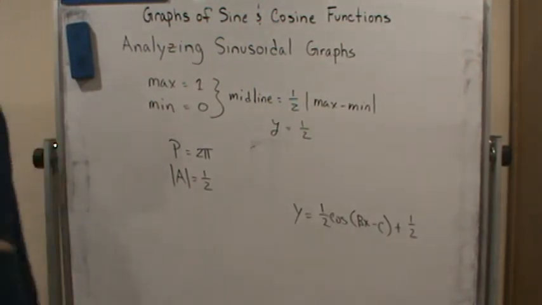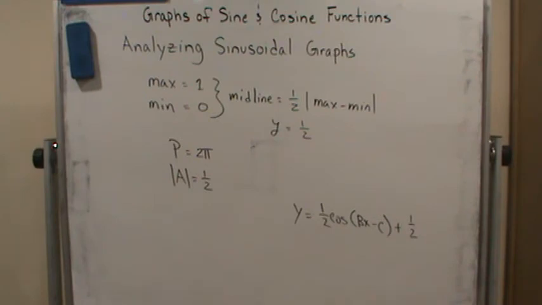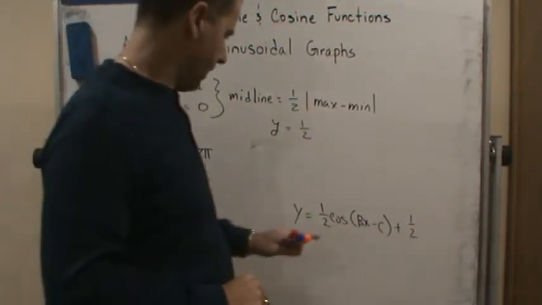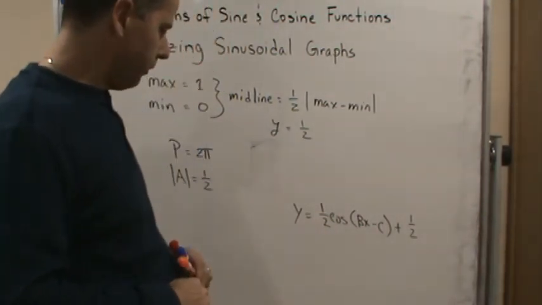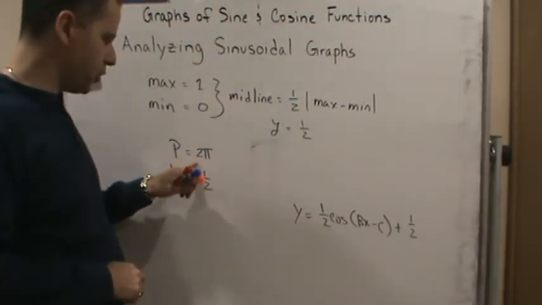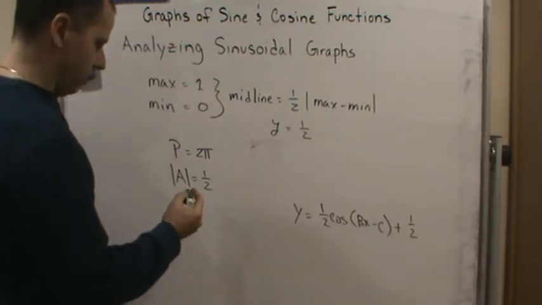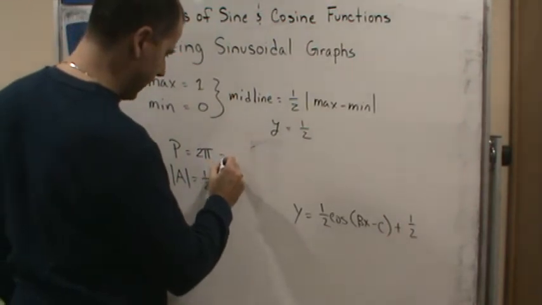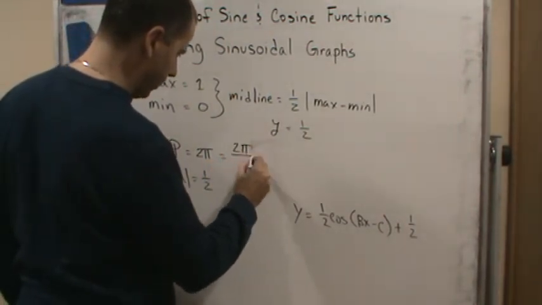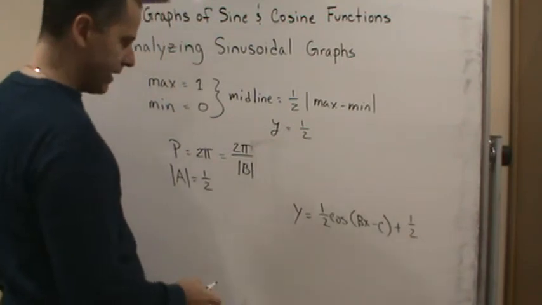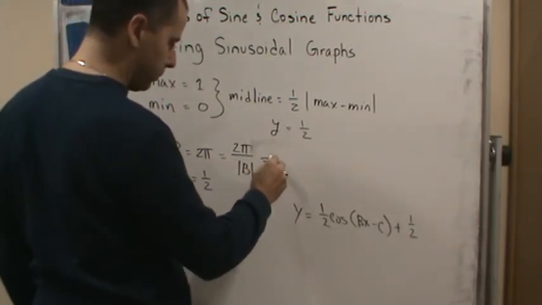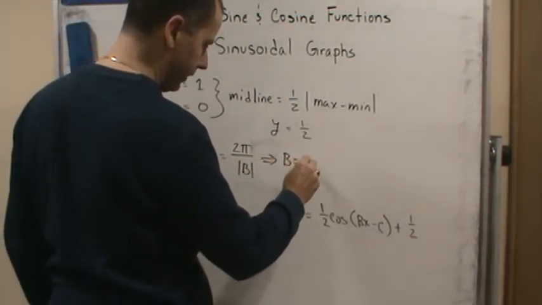Okay, now, what about the other values? Well, we found D, and we found A. And since the period is 2 pi, that's going to tell me, remember, the period is 2 pi over the absolute value of B. Well, that tells me B has to be equal to 1, right? That tells me that B equals 1.